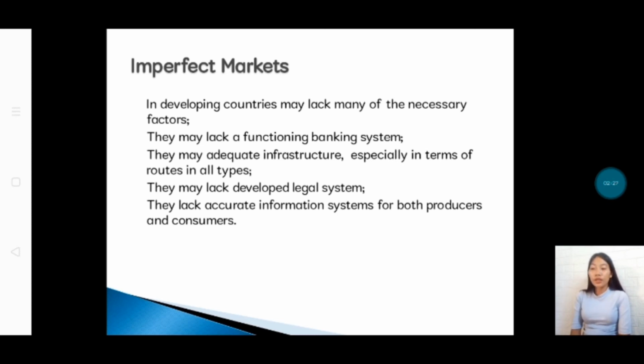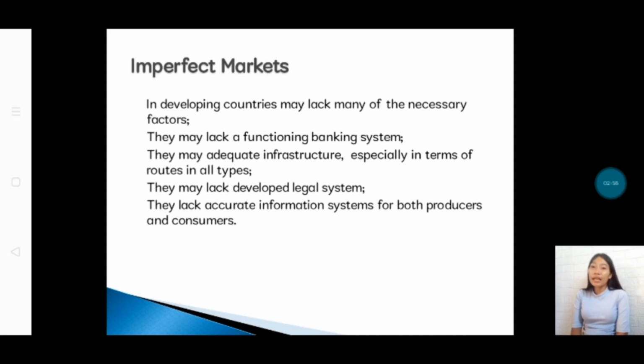They may lack adequate infrastructure, especially in terms of transport of all types, which would enable raw materials, semi-finished products, and final goods to move around the country. They may lack a developed legal system, which ensures that business takes place in a fair and structured manner.